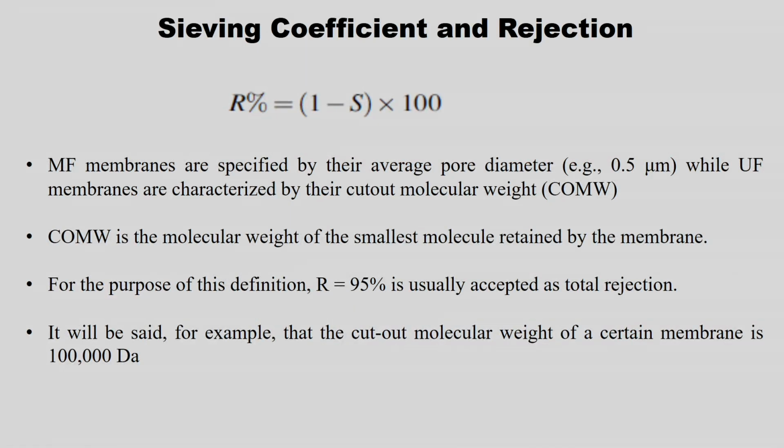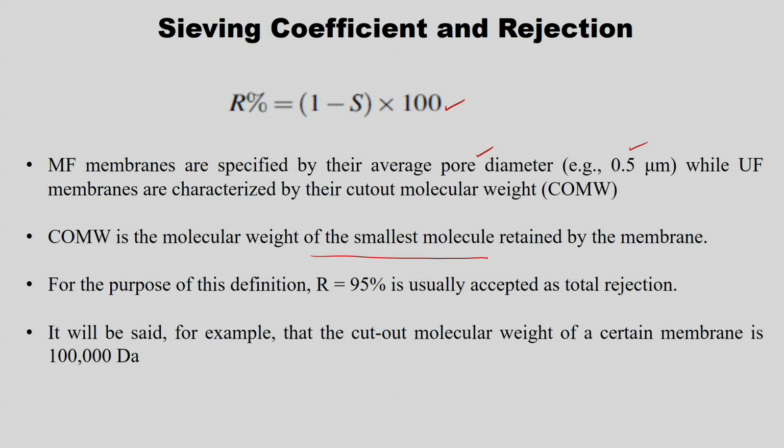Then the rejection coefficient is nothing but (1 minus S) times 100, which is very obvious. Microfiltration membranes are specified by their average pore diameter, around 0.5 micrometer, but ultrafiltration membranes are characterized by their cutoff molecular weight, which is nothing but MWCO. MWCO is the molecular weight of the smallest molecule retained by the particular membrane.